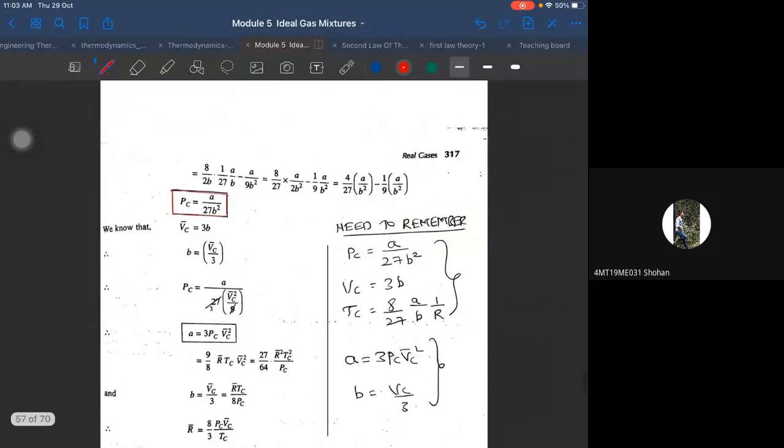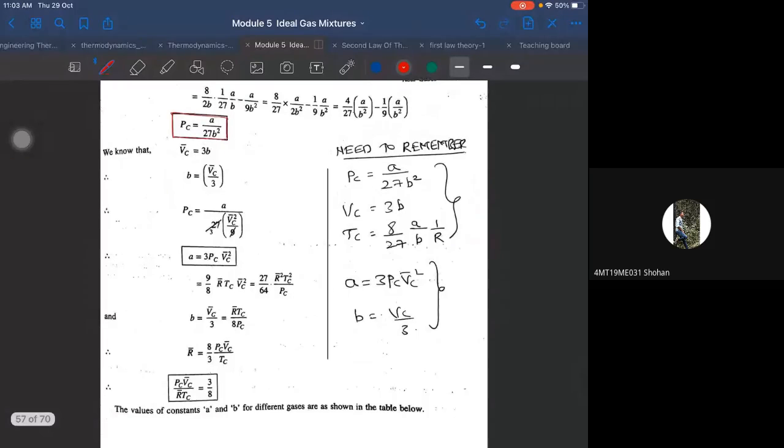Once you calculate the values of PC, VC and TC, you know that VC is equal to 3B, so B can be found from VC, but you need to calculate the expressions for A and B. It's very simple. VC is 3B, correct? So when you want B, it is what?